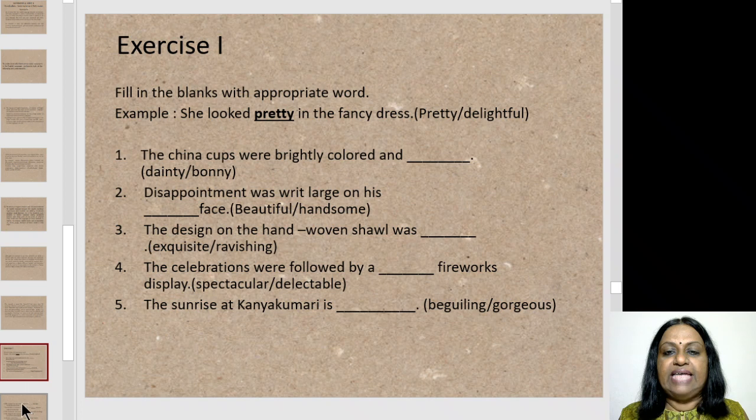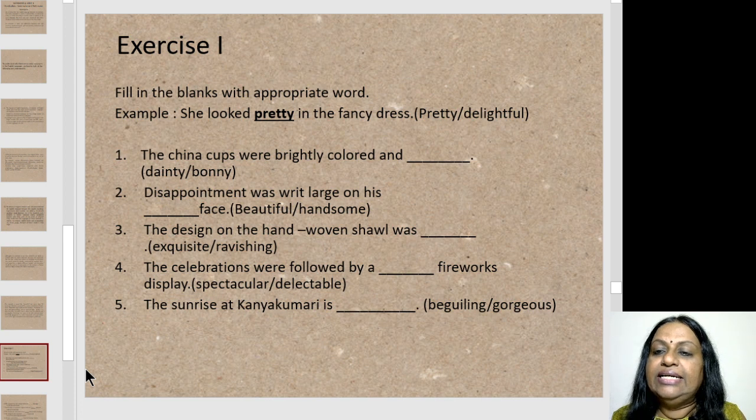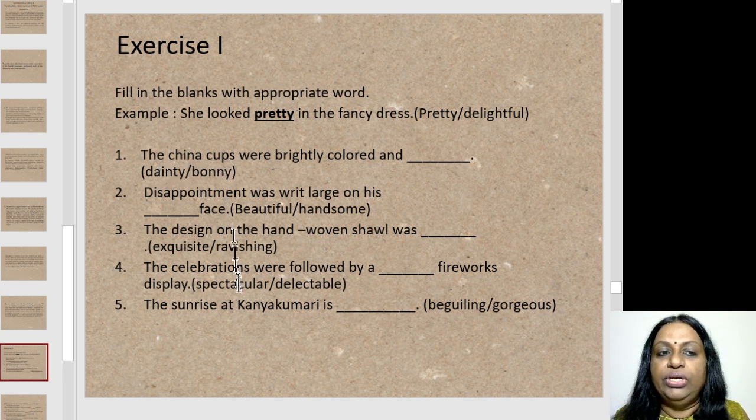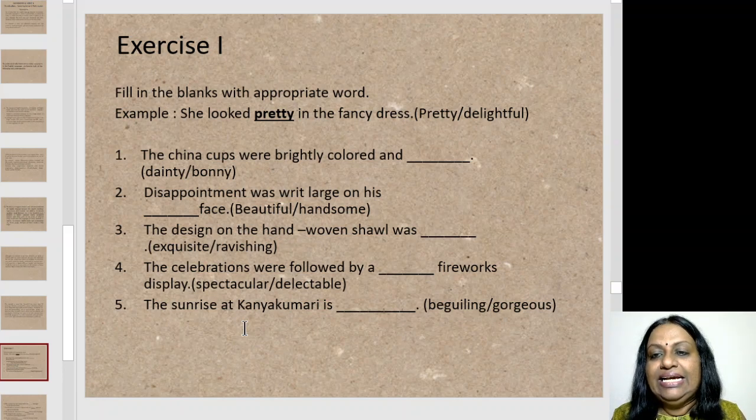Let's do the exercise. The first one: The china cups were brightly colored and dash. You have two synonyms here, dainty and bonny. Which would you use? Dainty. The china cups were brightly colored and dainty, delicate looking.